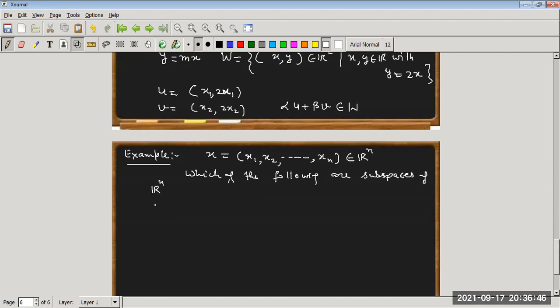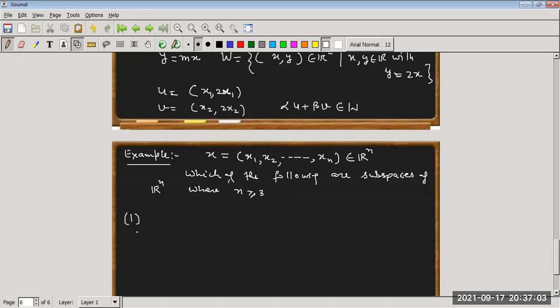We have to identify subspaces of Rn, where you can take n greater than or equal to 3. You can take R3, R4, R5 and so on, because we have already discussed R2, right?